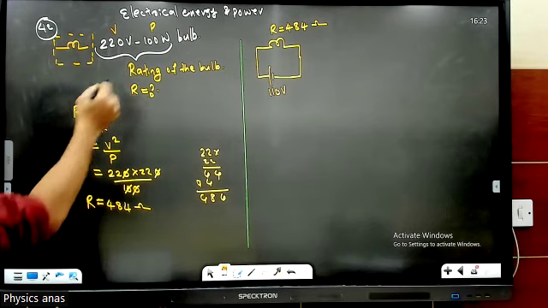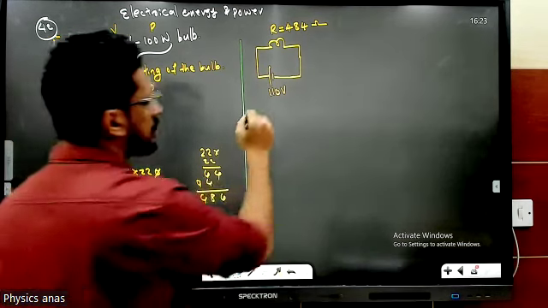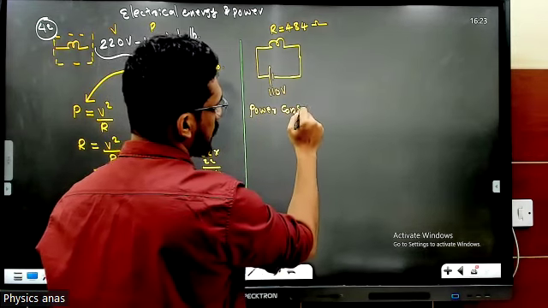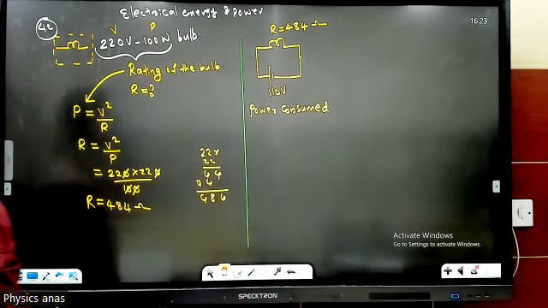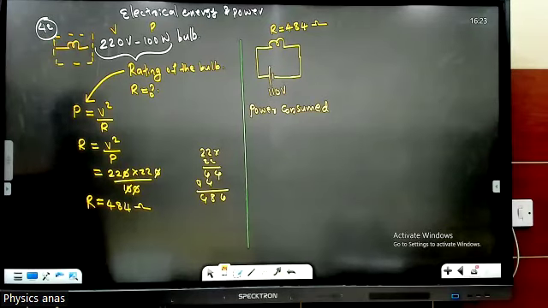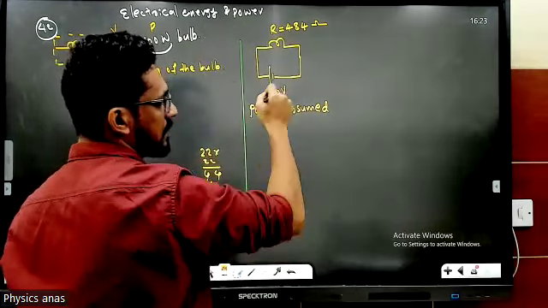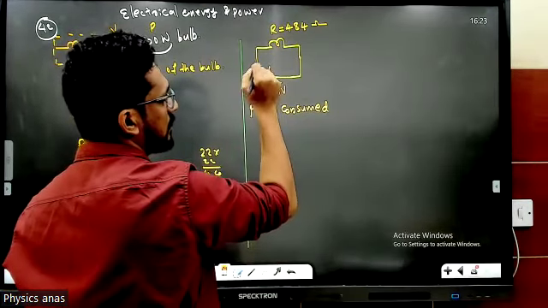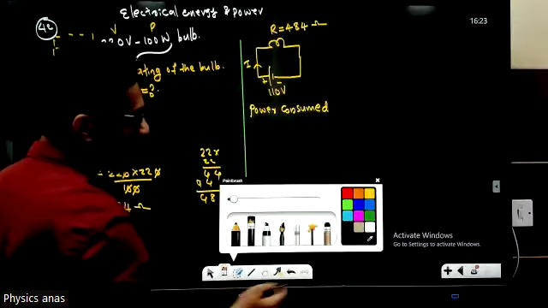This is the power rating of the bulb, and now you have to see the power consumed. With what equation can you find the power consumed? If you are connecting the cell to a resistor, there will be current flowing through the bulb.